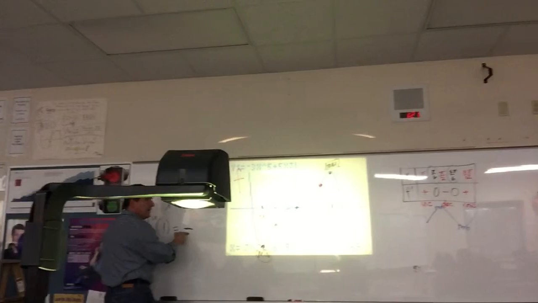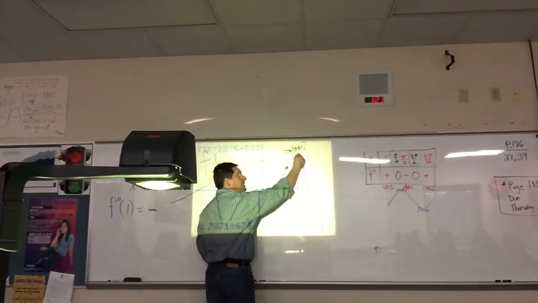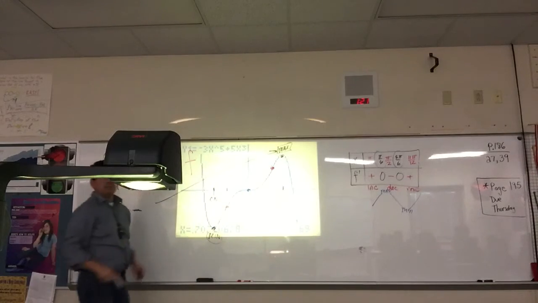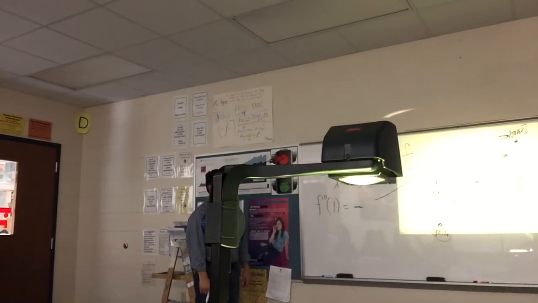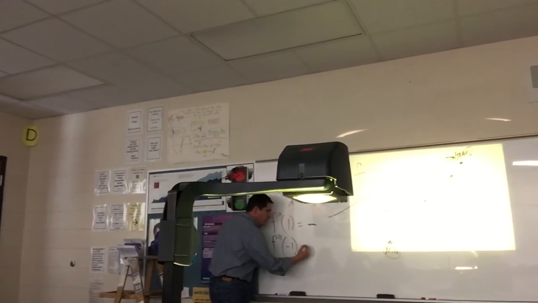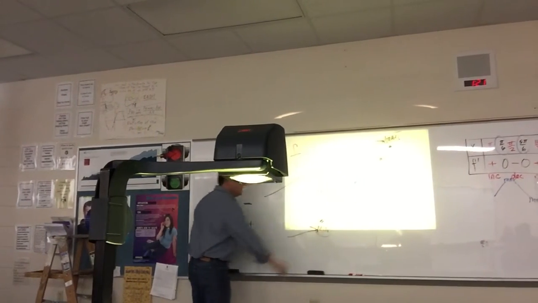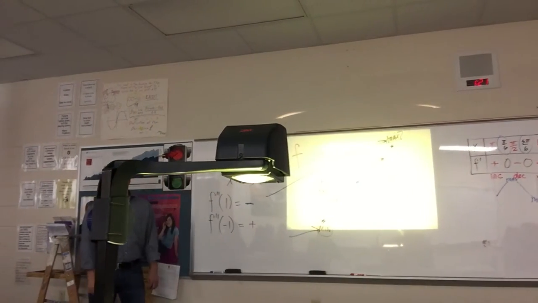The answer is a negative. That tells you that not only is it concave down there, that there's a maximum at that point. We can do the same thing for f double prime of negative 1. We would end up with a positive, and that tells you that there's a minimum. And that's the deal.